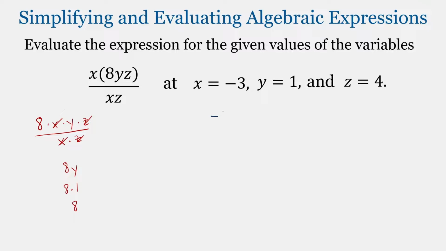So we have negative 3 times 8 times 1 times 4, all over negative 3 times 4. This is going to give us negative 3. 8 times 1 times 4 is 32, all over negative 12.